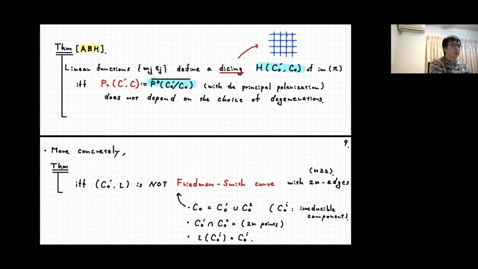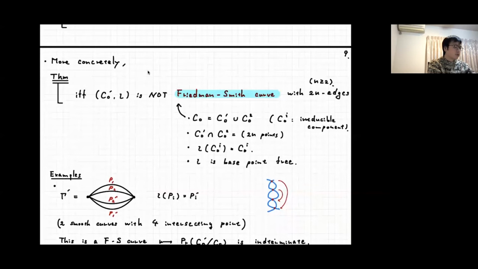This is a very concrete example observed by Friedman and Smith, and it is defined by the following four conditions. Sorry, I should say everything is with a prime, but I missed the prime here. I hope that you understand what is happening.